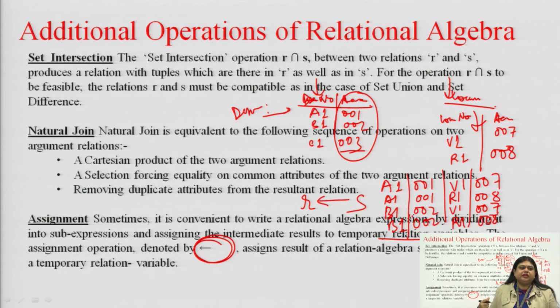And similarly, for the last operation that we have defined here, we are going to use the assignment operation, where we assign the value of one relation to another relation. So, it is going to be an assignment of the values that we are storing in the relation S into a new relation R.